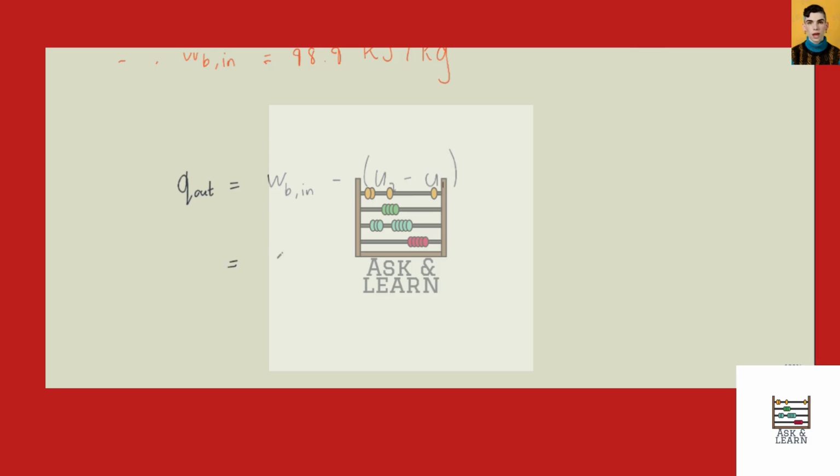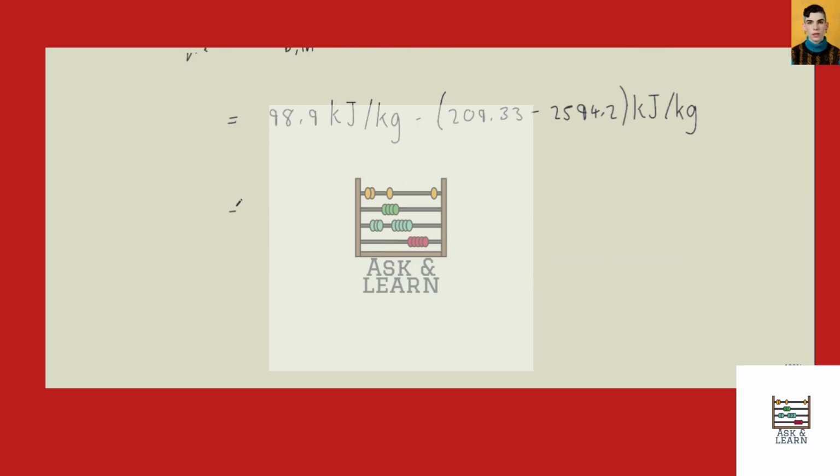And so this is 98.9 kilojoules per kg minus (u2, which is 209.33, minus u1, 2594.2) kilojoules per kg. And so we get the heat transfer in this process to be 2,484 kilojoules per kg.